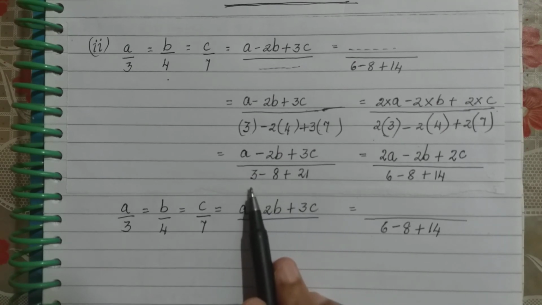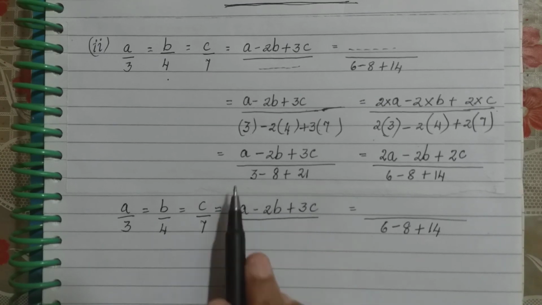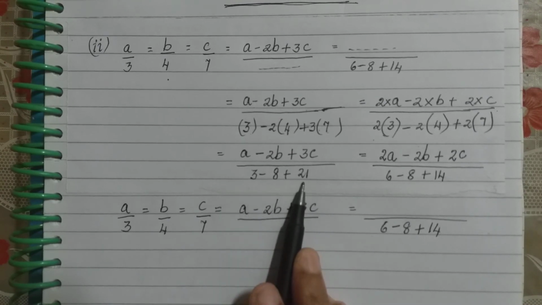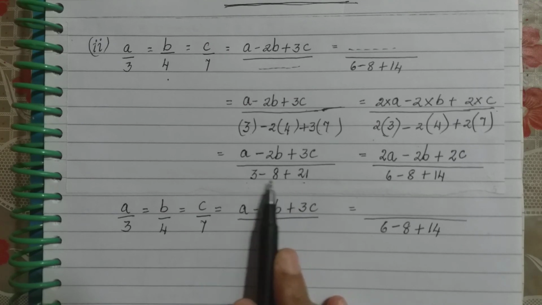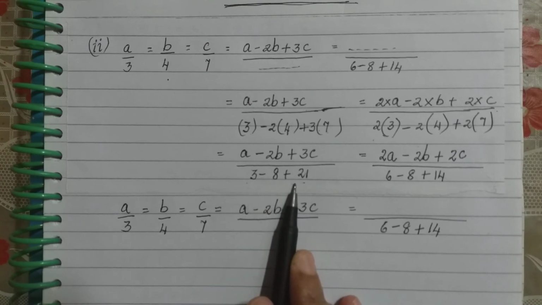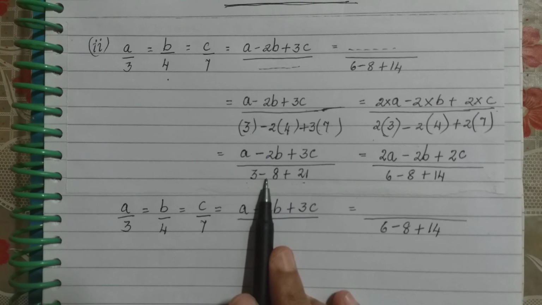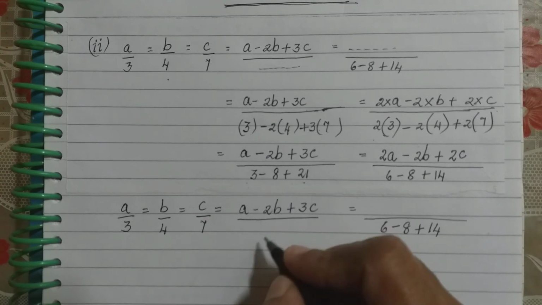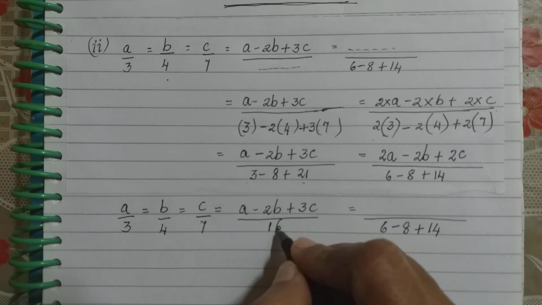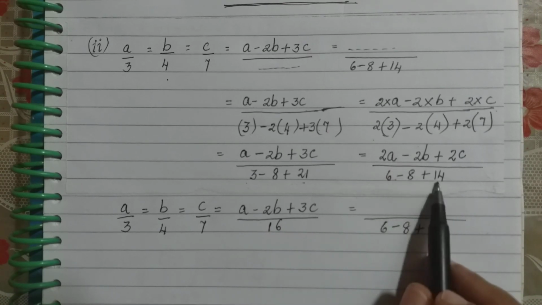Let me simplify and write. First we'll take the terms which are having plus sign, 3 and 21. 3 and 21 both are plus sign. 3 plus 21 is 24. From 24 if I minus 8 I get 16. So I write here 16. Okay, now we go to this here.